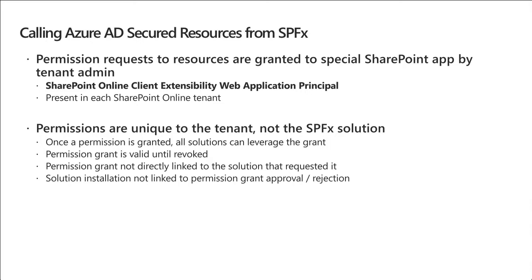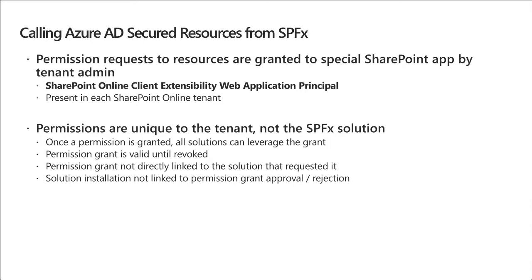On the server side, that's going to trigger SharePoint to go to Azure AD and say, here's the app ID and secret for this special Azure AD application called the SharePoint Online Client Extensibility Web Application Principal. It's a really big name. I need to get an access token for this Azure AD app to make a call to this protected resource.